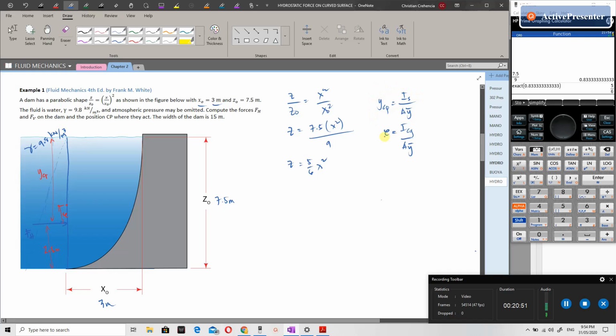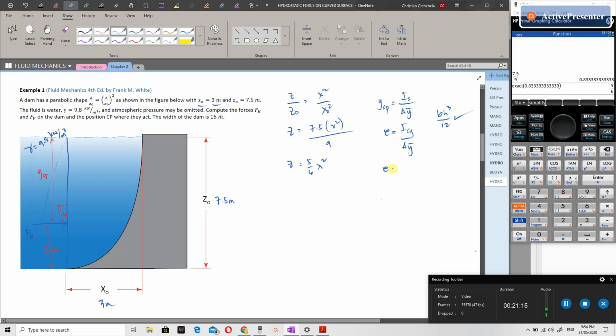You can use either of these two, and you will still come up with the same result. If we remember the moment of inertia about the centroid, which is BH cubed over 12, we can use that. Maybe this one, since it is more common.